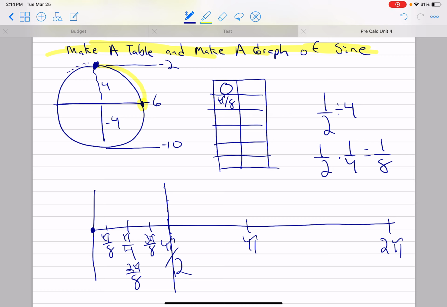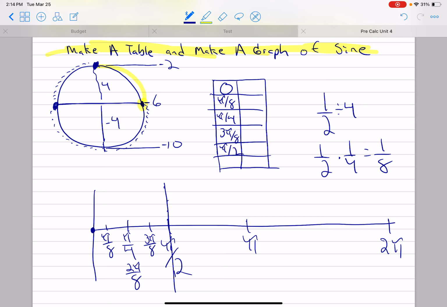As I rotate around, I got my second stop right here, which is going to be pi over 4. As I rotate around, I have my third stop right here, which is going to be 3 pi over 8. And finally, I have my last stop over here, which is going to be pi over 2.